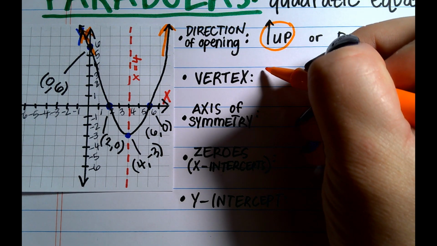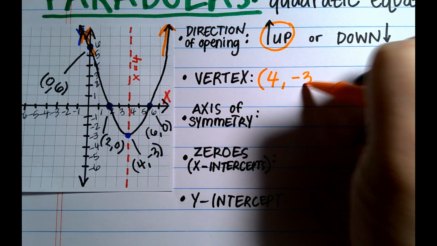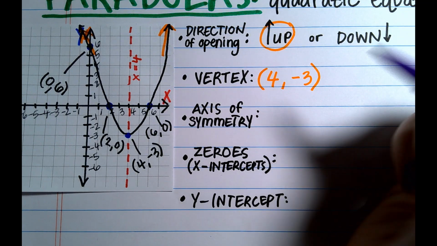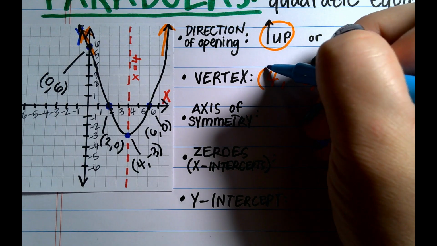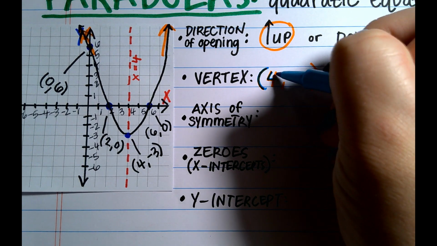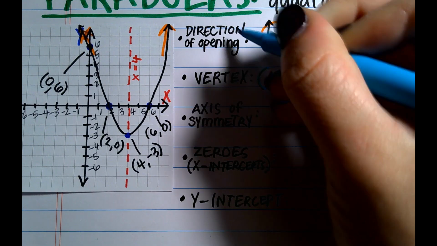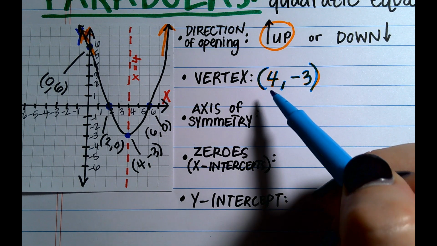So, for -3. Did you get the picture drawn? Okay. Did you get your words here written down? Okay. Is it the vertex that didn't make sense just now?